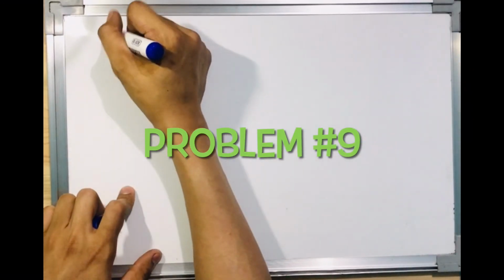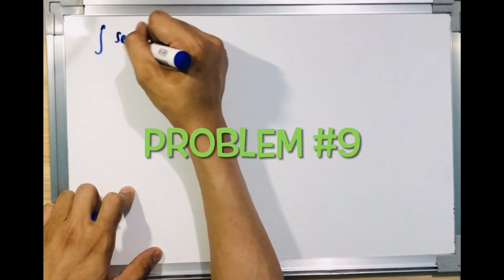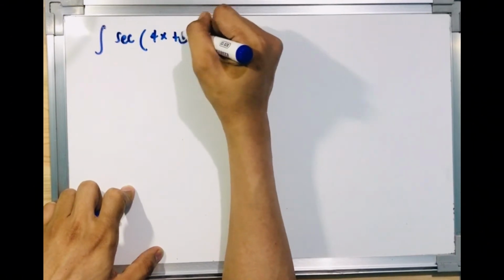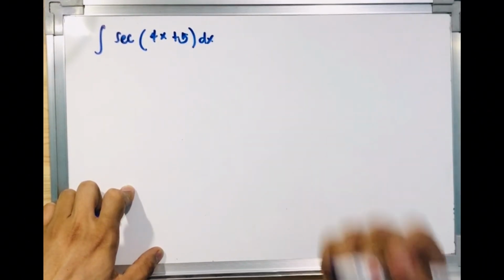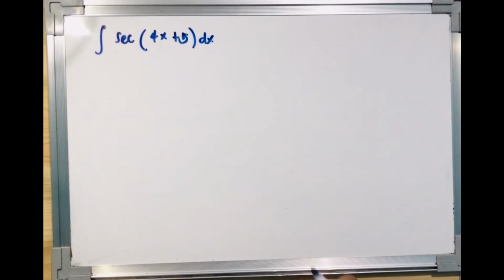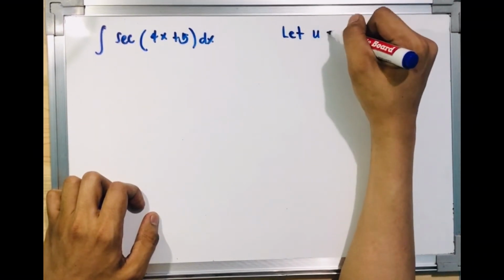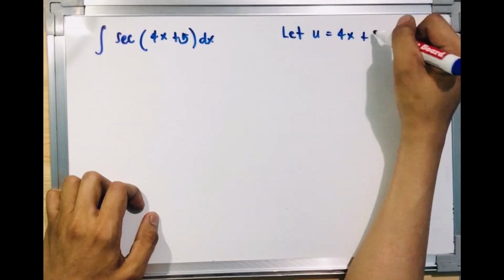So let's solve this problem: the integral of secant 4x plus 5 dx. Okay, ang una natin gagawin dito is mag-u substitution tayo kasi nag-iisa lang din naman yung nakikita nating trigonometric function. So, let's let u is equal to 4x plus 5.